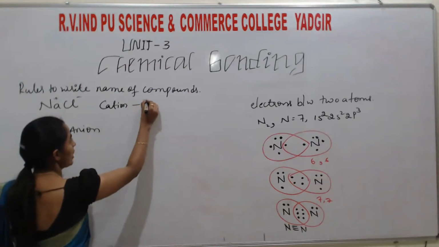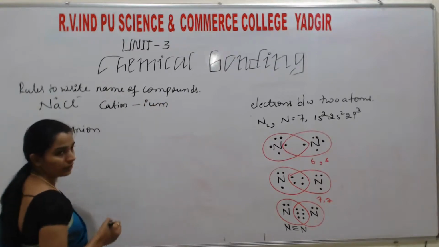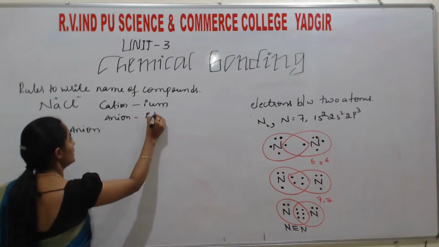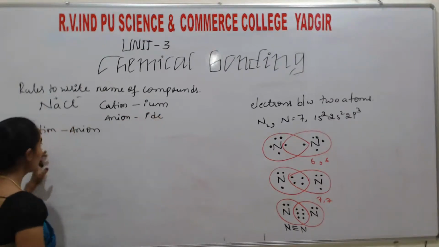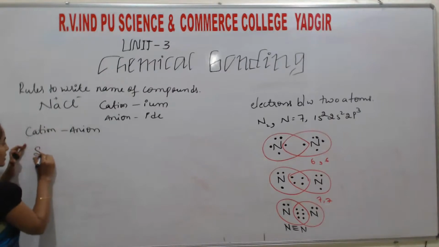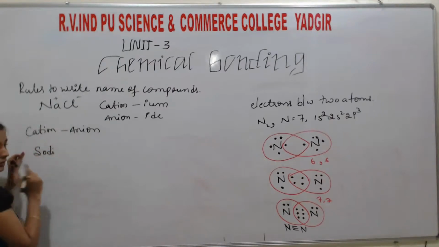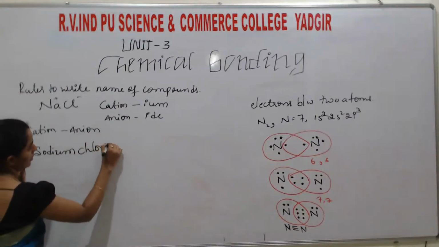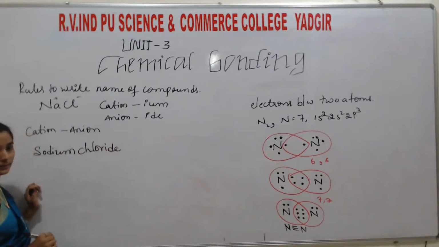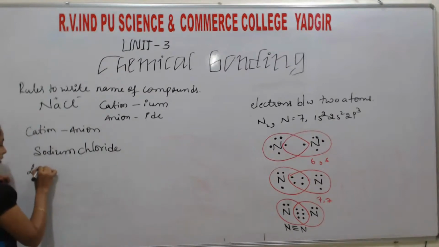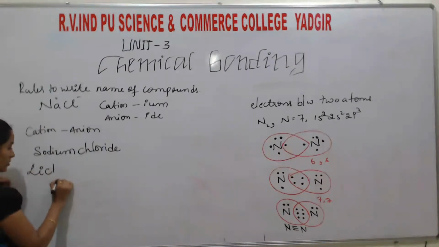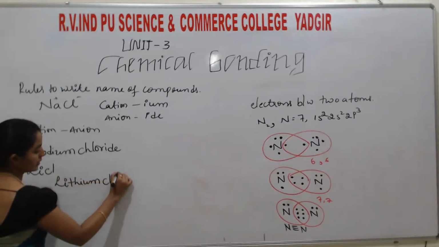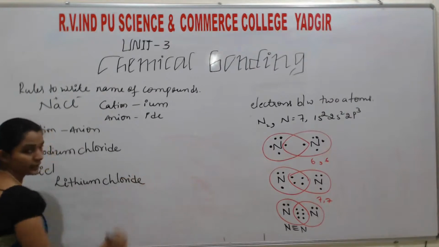So cations always end with IUM. Anions always end with IDE. Okay, so the name of the cation here is sodium. So this one is chloride. Okay, if I take LiCl, so this one is lithium, this one is chloride.